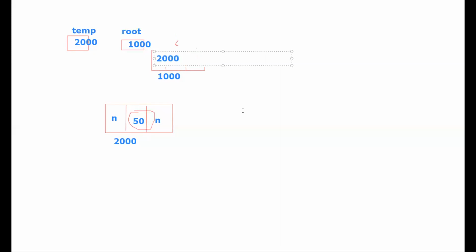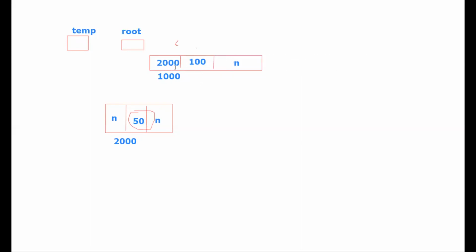Okay, that's all. Now it is pointing to what? I'll make it clear. $2,100. This is null. As of now, it is null.